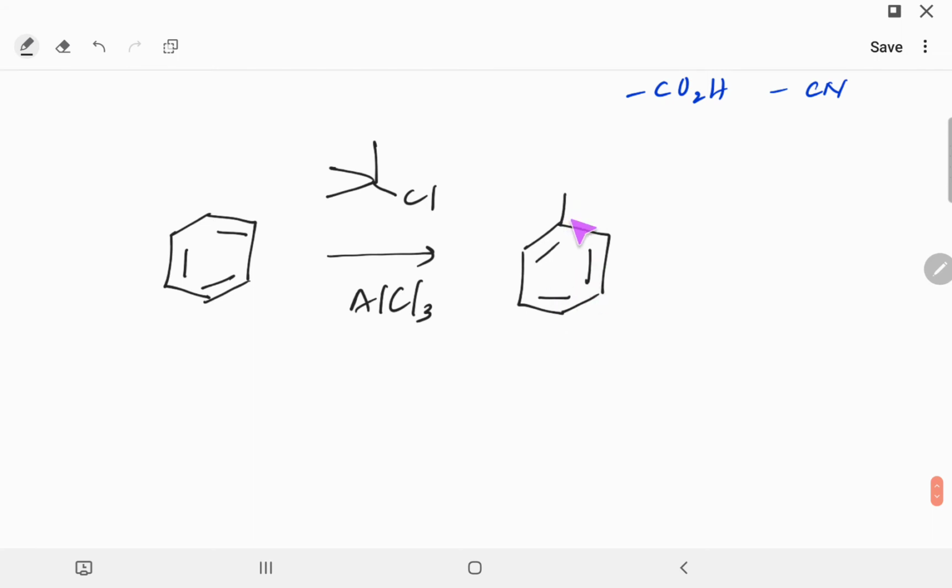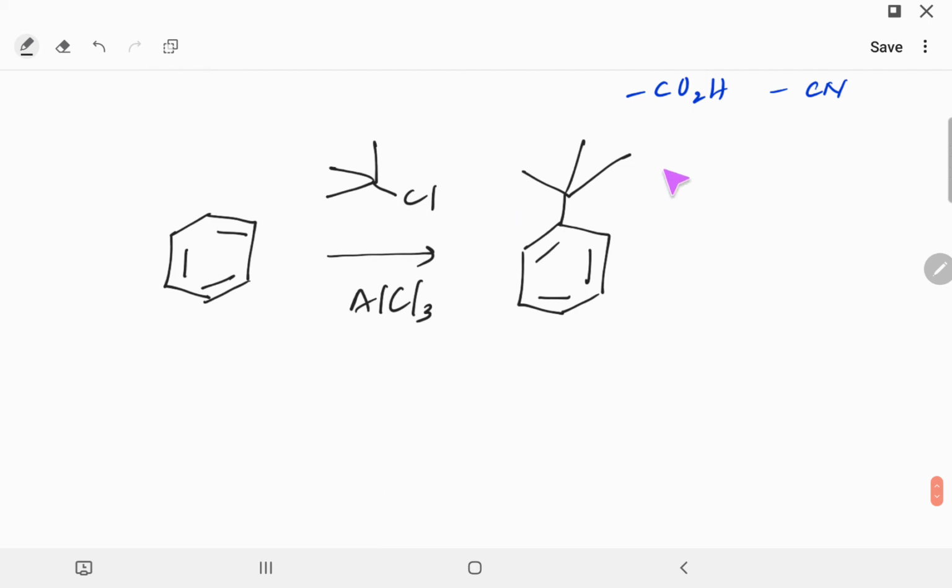As an example, let's say you are using an alkyl halide like this. AlCl3 will be our catalyst, and then the desired product will be the tert-butyl group directly attached to the benzene, right? So this is the desired product, but it will not stop here.